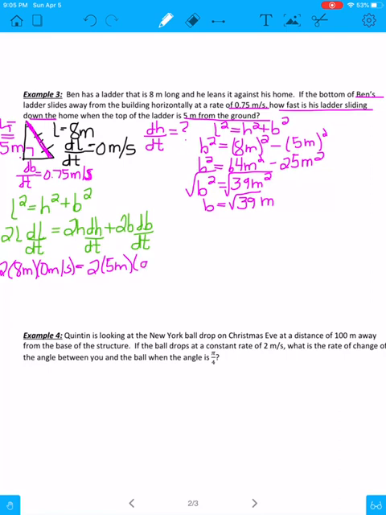Or do we? Nope, that's what we're looking for. Plus 2 times the base, which we found was root 39 meters, times the rate, which is 0.75 meters per second.